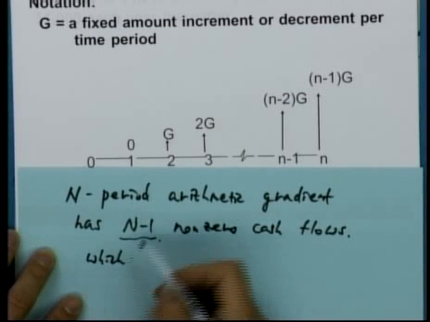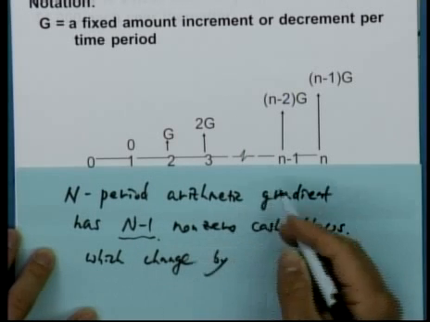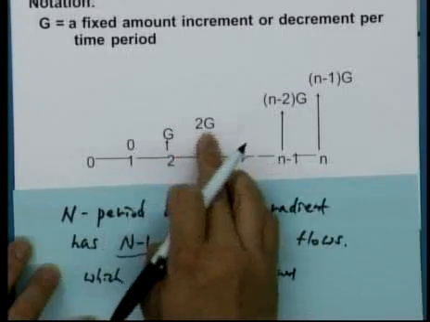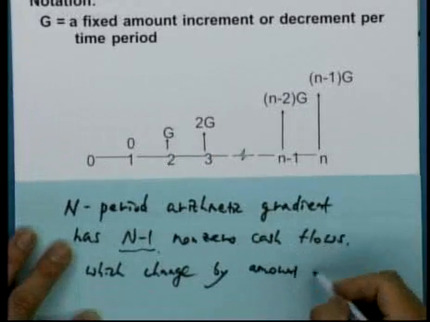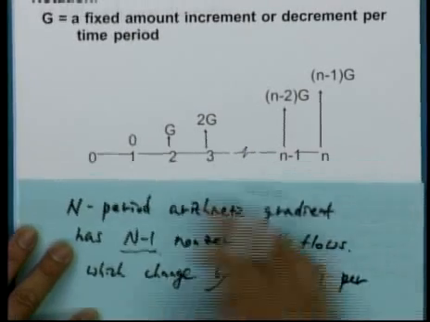And this changes by the amount G here. Okay? Amount G per each period.